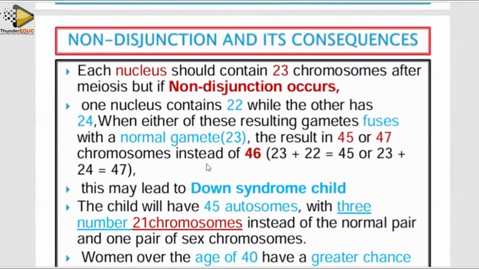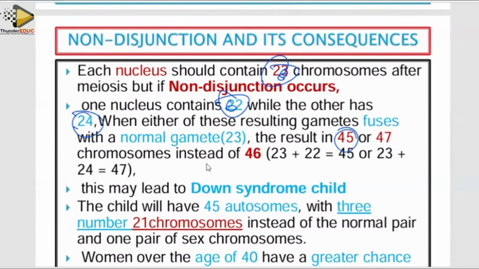That's why it says that each nucleus should contain 23 chromosomes after meiosis. If non-disjunction occurs, one nucleus will contain 22, while the other will contain 24. When either of these fuses with the normal gamete, if the 22 one fuses with the normal gamete of 23, it's going to be 45.